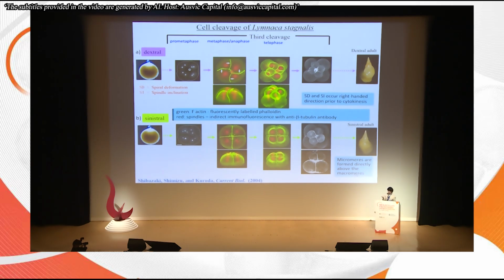So small micromeres are inevitably produced, and you get this one. On the other hand, in the sinistral snails, these are radially placed, and there's no chirality, and the small micromeres are produced just above the big 4 macromeres, and when it cleaves off, it rotates. So symmetry is broken.